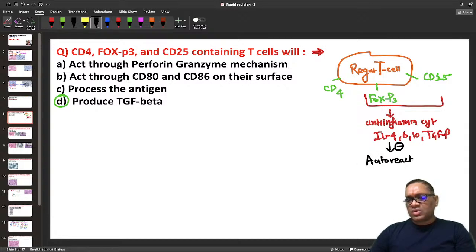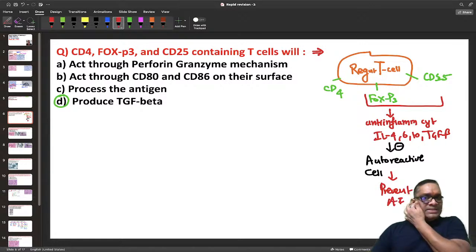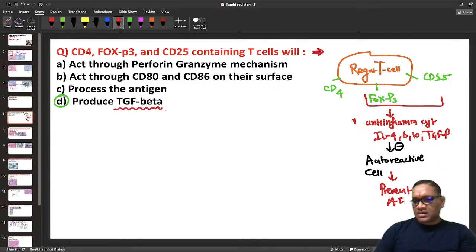They will inhibit autoreactive cell proliferation and the development of autoreactive cells, and that is how they prevent autoimmunity. So that is why regulatory T cells have these receptors. FOXP3 and CD25 help in the synthesis of anti-inflammatory cytokines, and one of them is TGF beta. What is their basic purpose? To inhibit autoreactive cells and to prevent us from getting any autoimmune disorder. So that is the correct answer.